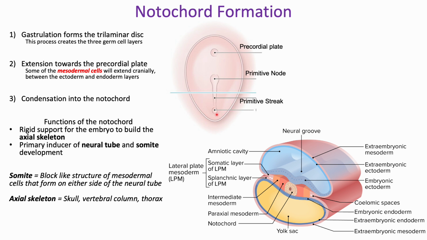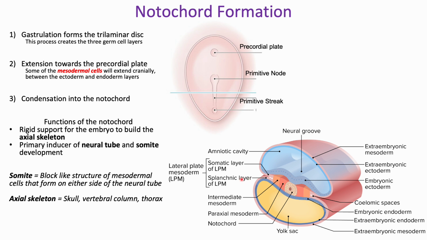So these are mesodermal cells within the midline of the embryo, and that is formed by intraembryonic mesoderm. All right, so we formed a trilaminar disc. So the mesodermal cells are going to extend cranially and caudally, and this is between the ectoderm and endoderm layers. So in this bottom image, this would be our ectoderm, whereas we have our endoderm inferiorly, and right in the middle, we have this consolidation of cells, which is going to become our notochord.